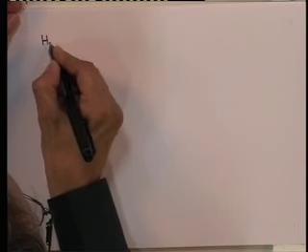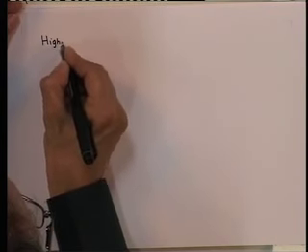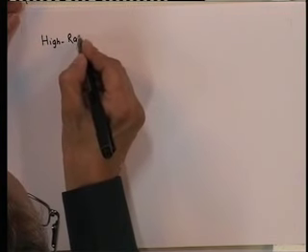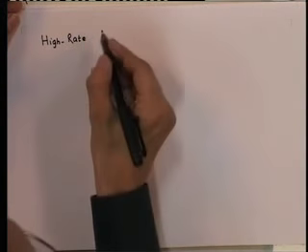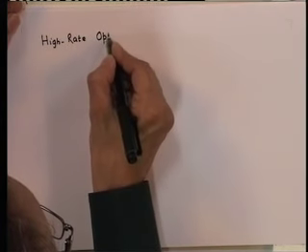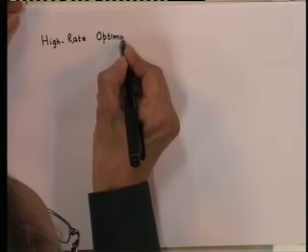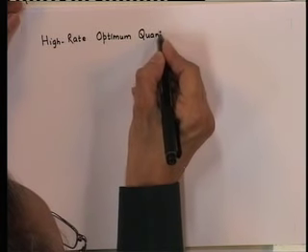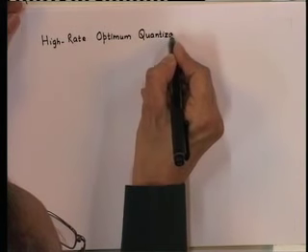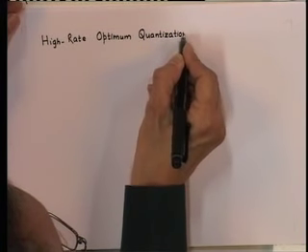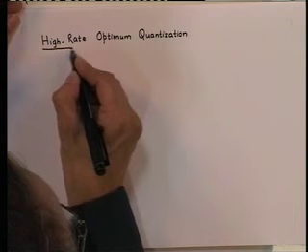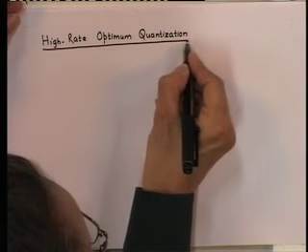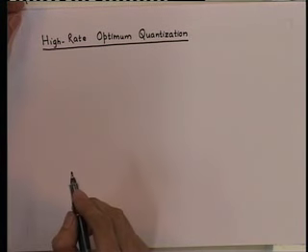So, we will consider the design of high rate optimum quantization, which takes into account both the entropy and the distortion.